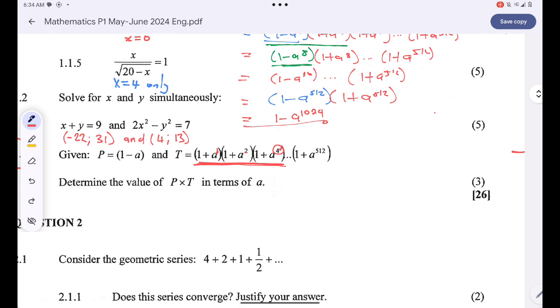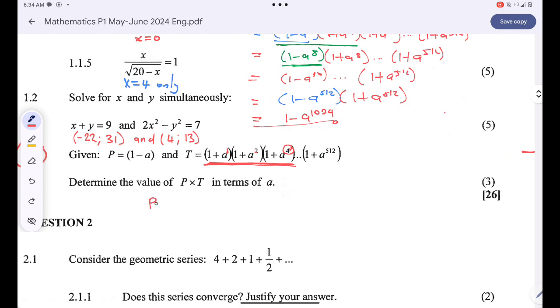So the product p multiplied by t will just give us 1 minus a to the power 1024. Yeah, because I know that whenever I factorize this 1 to the power 1024, I'll simply get these two brackets. So that's how, guys, we're supposed to deal with question 1.